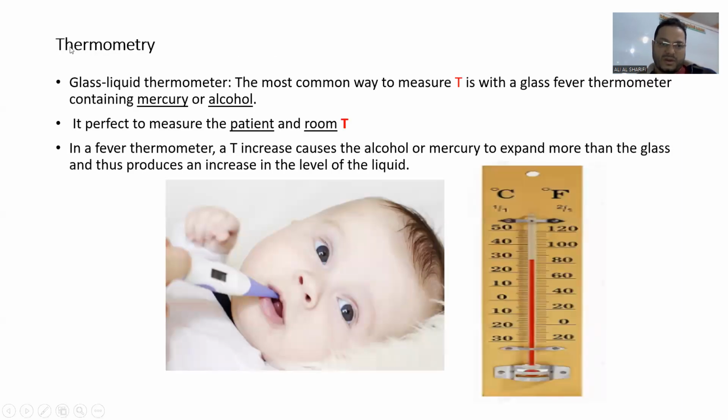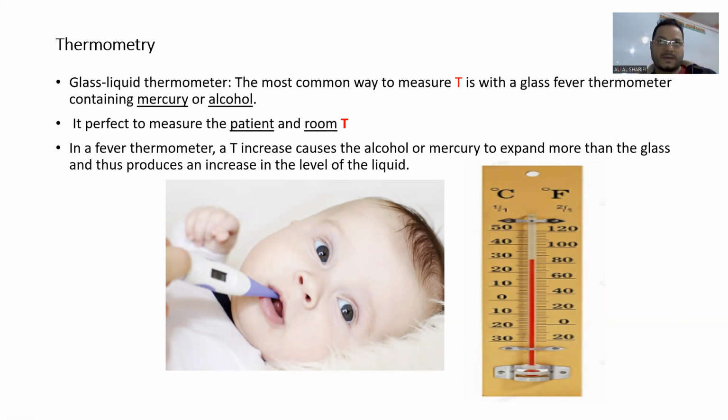The first one, the thermometer, is the one you will use to determine your patient's temperature. It's based on mercury or alcohol, no other liquids besides these two. It's perfect to measure the patient and room temperature.